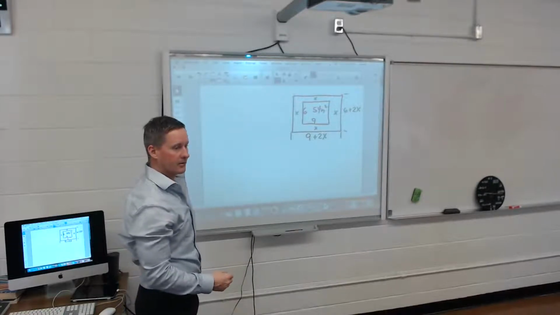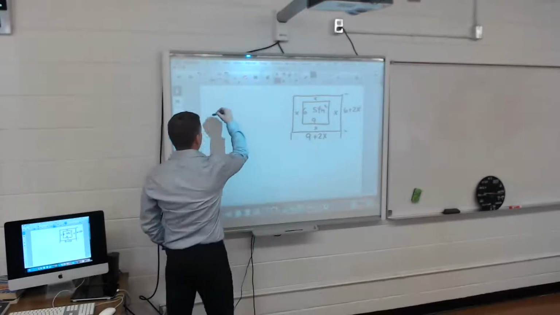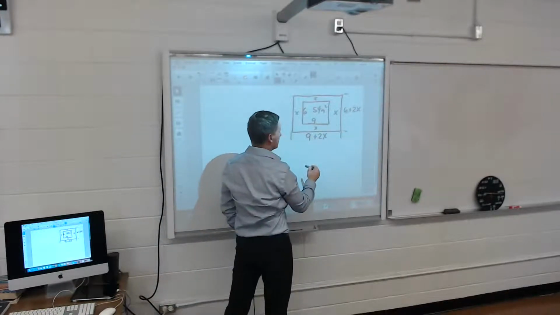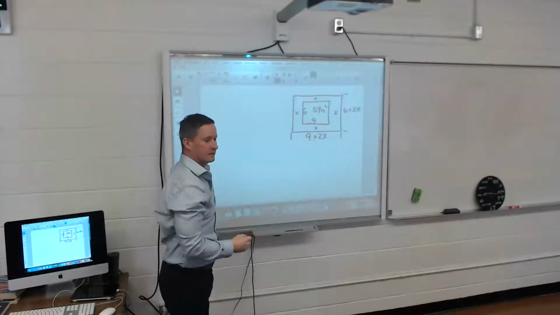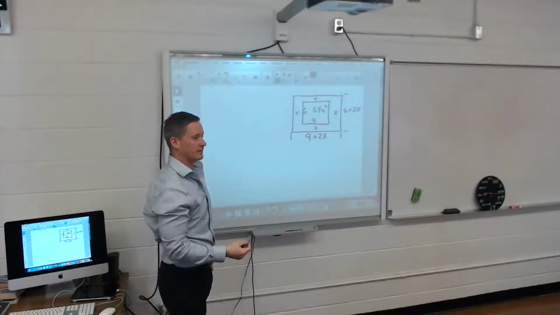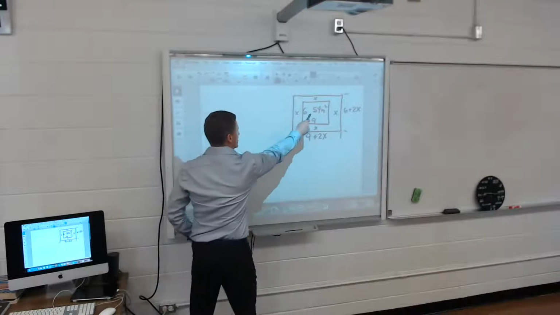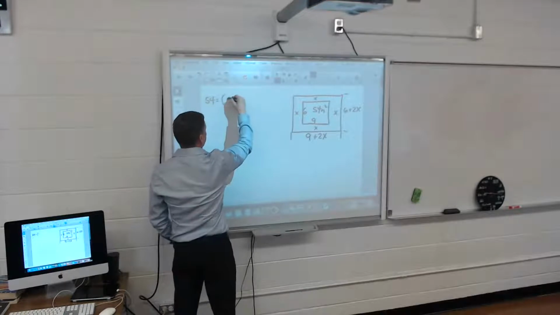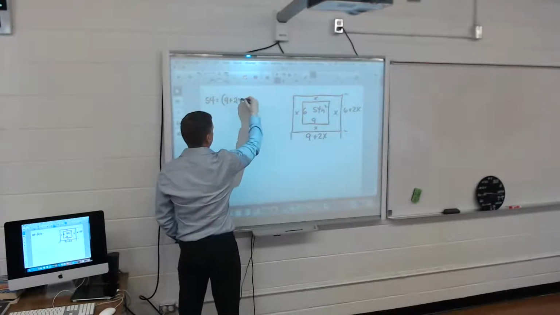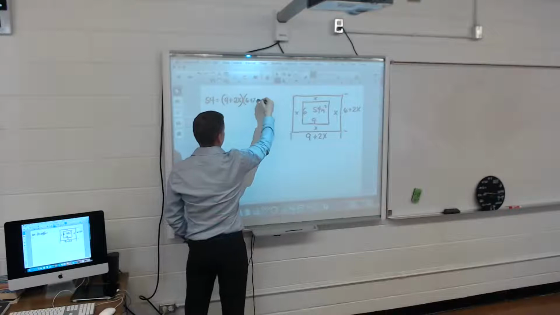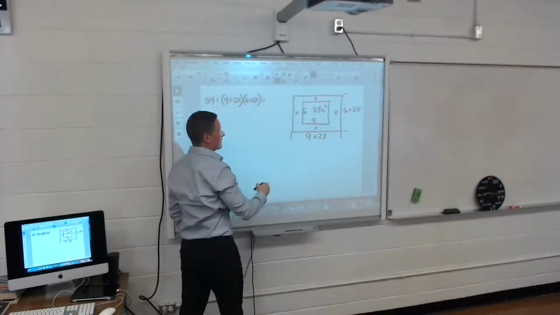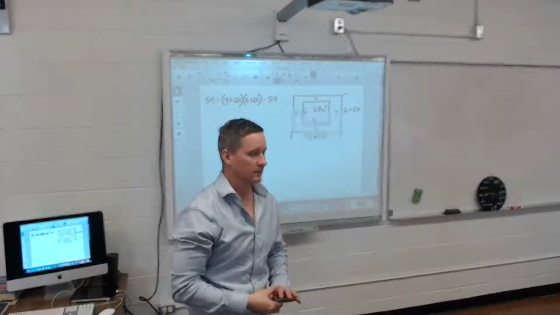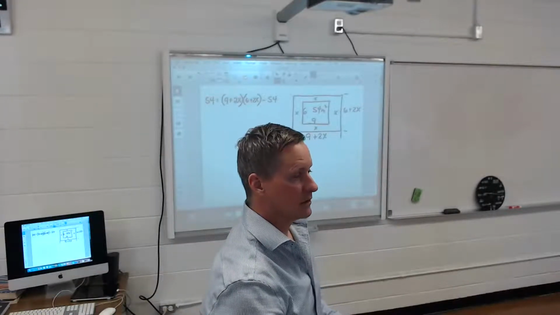Okay, so now we want the area of this here to equal the area of that after I subtract it. So the area of this guy is 54. Now I take the area of the big guy and I subtract the area of the little guy, and I end up with that. Questions?